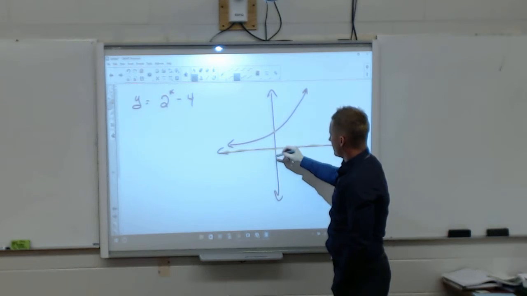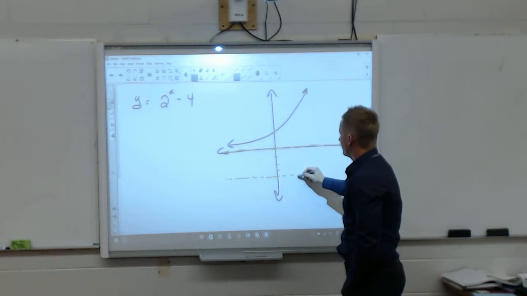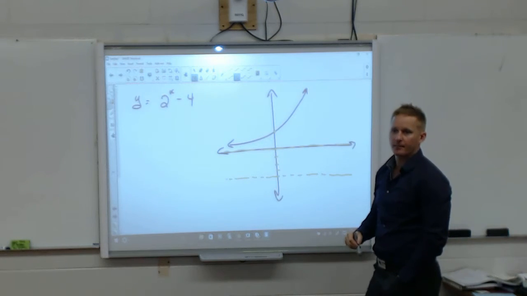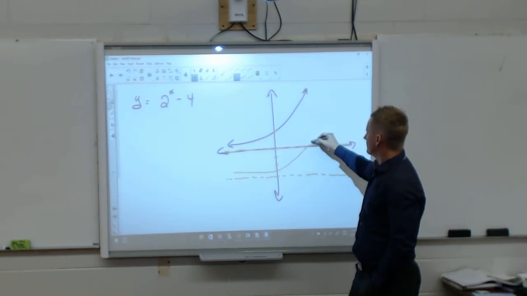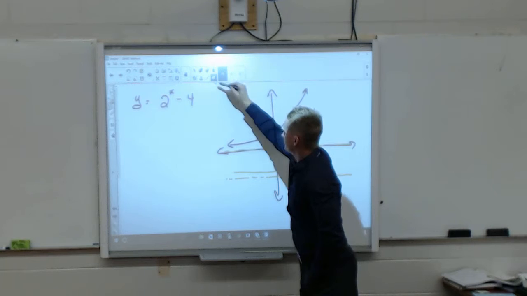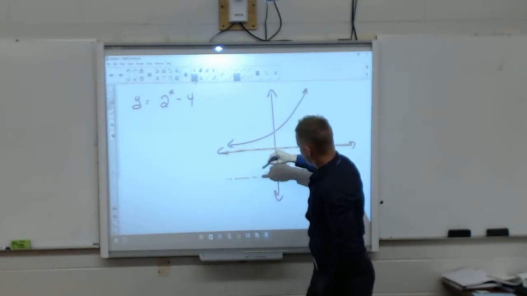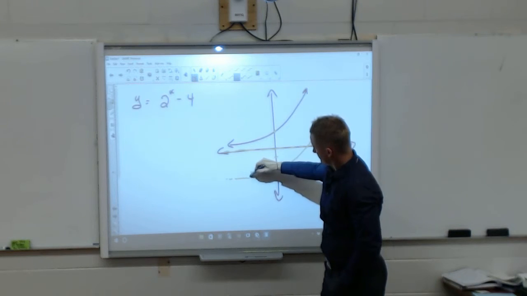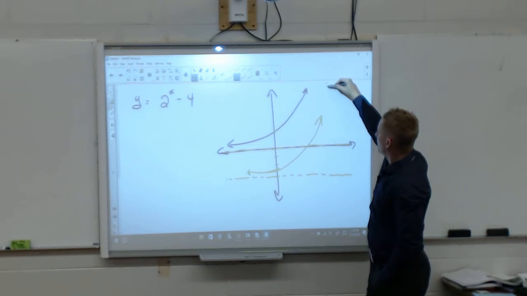So this automatically goes 1, 2, 3, 4 right to here. So there's my asymptote, right? It's now dropped down. This shouldn't look as flat as it is. There. Okay, so now, what is my y-intercept?